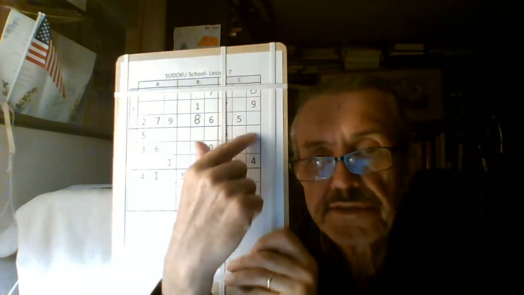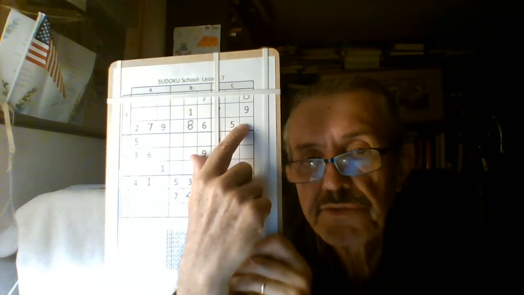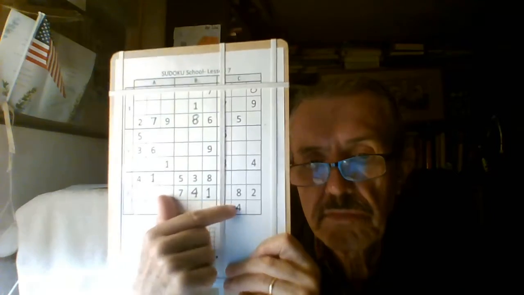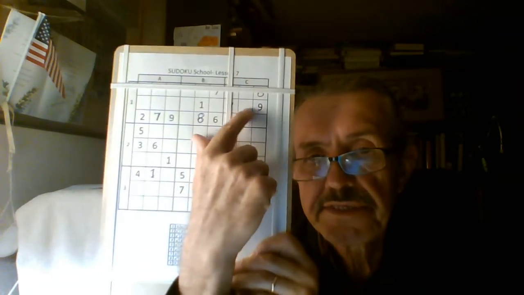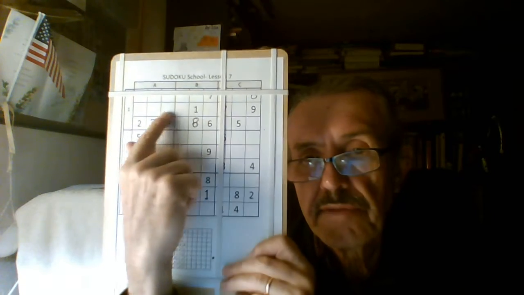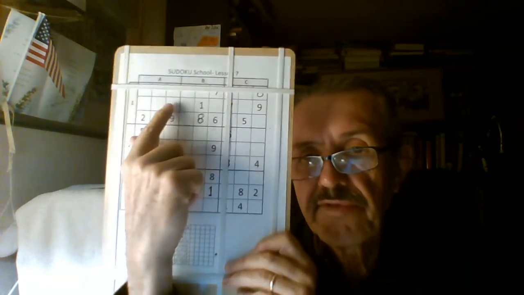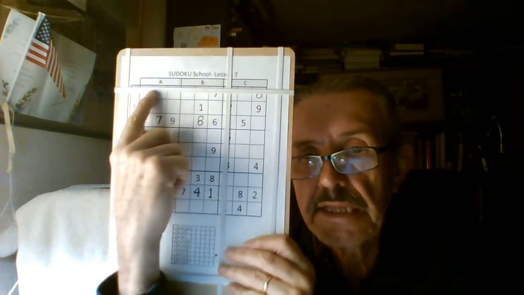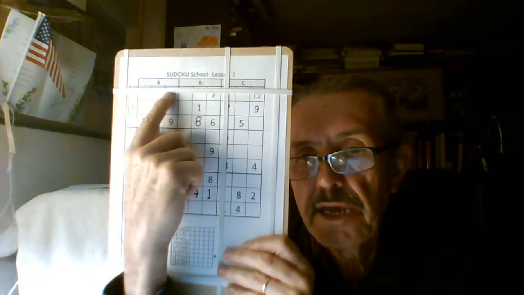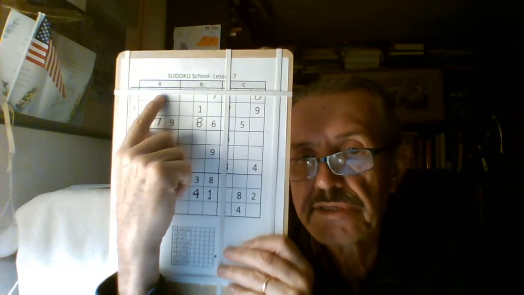Square C1 is over there, location 9 is over there. As you see, in this column, number 1 already exists. In this row, number 1 already exists. And one available space for number 1 in square A1, it's over there, somewhere in these 3 locations.